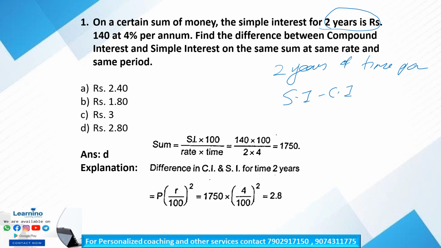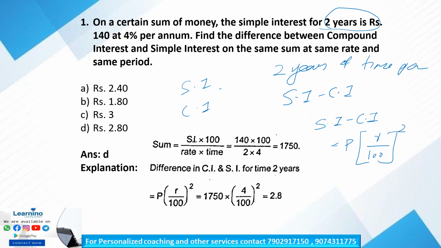I won't say you have to learn the equation by heart, but you should be familiar with it, rather than calculating the simple interest and compound interest and seeing the difference. The difference between the simple interest and compound interest for the time period 2 years is equal to P into R by 100 the whole square.